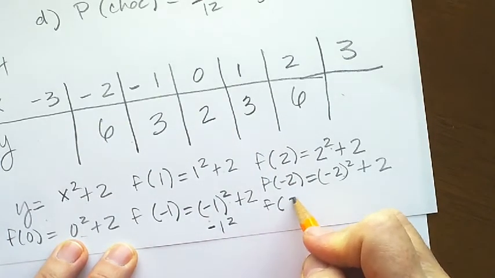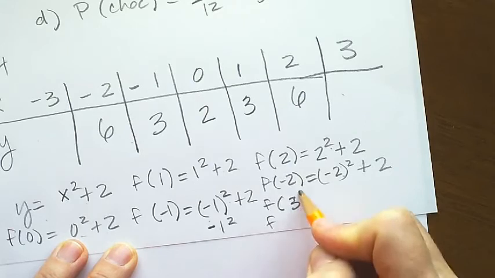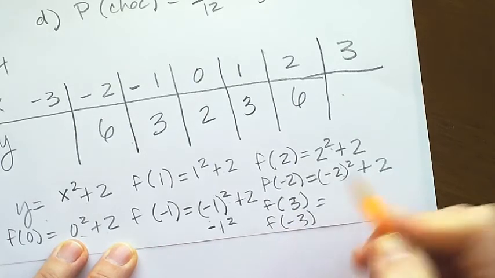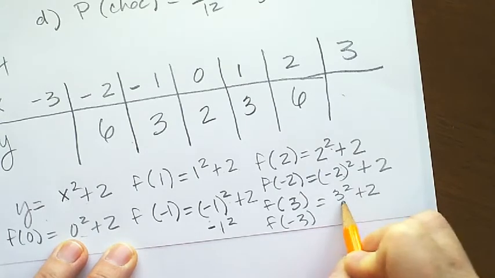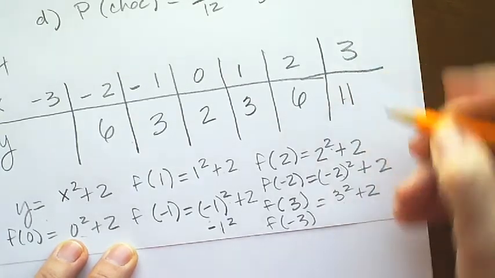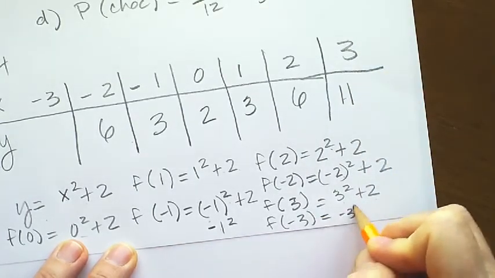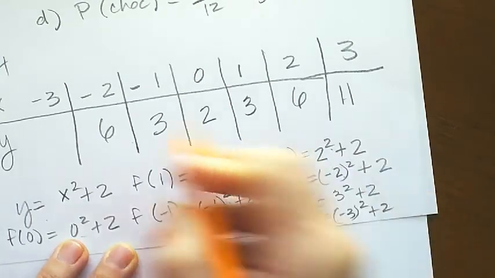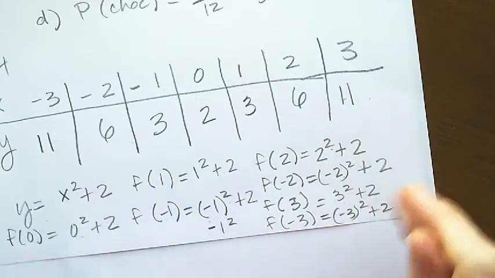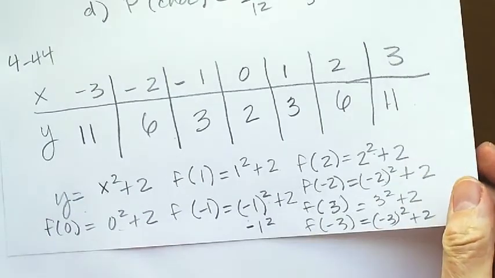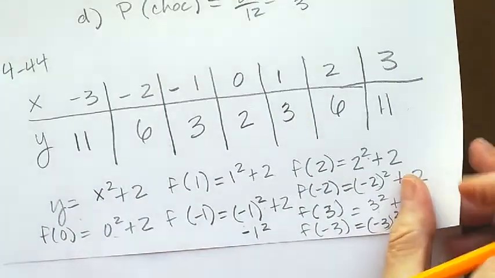Okay, are you noticing a pattern here? Let's do f of 3 and f of -3. F of 3 would be 3 squared plus 2, which would be 9 plus 2, which would be 11. Same thing for -3 squared plus 2. That's also going to be 11. Are you noticing some symmetry here? That is a nice feature of quadratics.